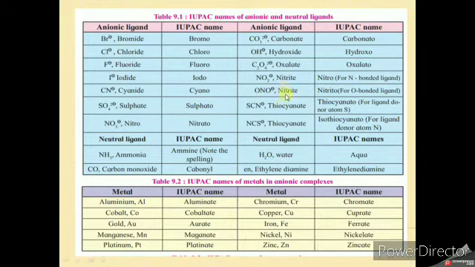ONO, it is also a nitrite, and it is nitrito because here oxygen is the bonding site. Then SCN minus, thiocyanate, thiocyanato; NCS minus, thiocyanate, so it is written as isothiocyanato. Here the donor atom is nitrogen, and in the previous case, thiocyanato, the donor atom is sulfur.